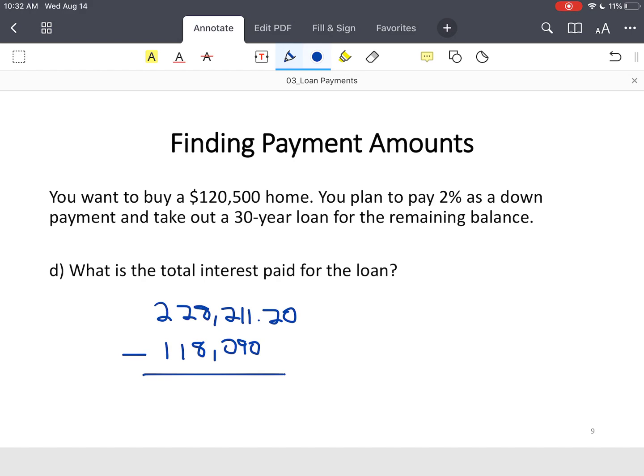And you realize that you paid $110,121.20 in interest.